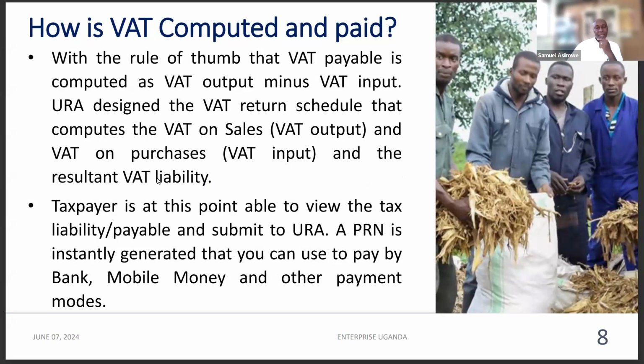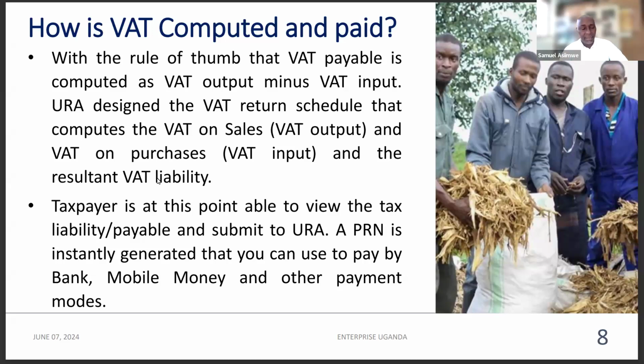Then, how is VAT computed and paid? With the rule of thumb that value-added tax payable is computed as VAT output minus VAT input. The VAT output is the VAT we charge on sales, and the VAT input is the VAT we pay on purchases.